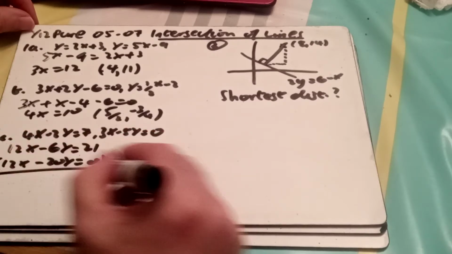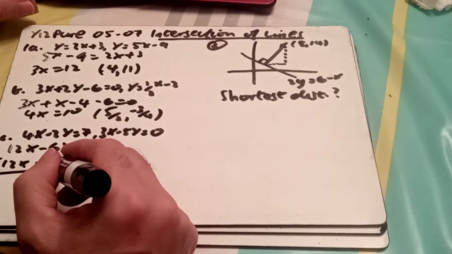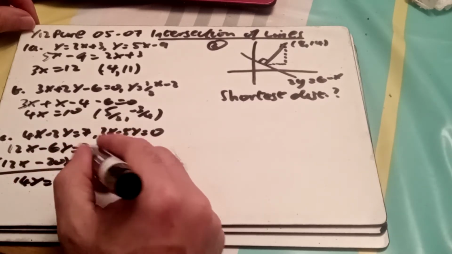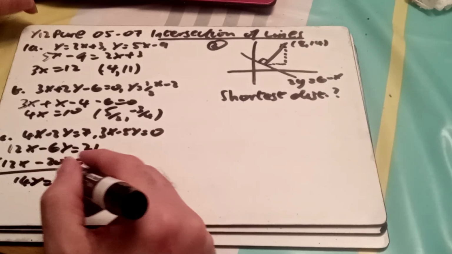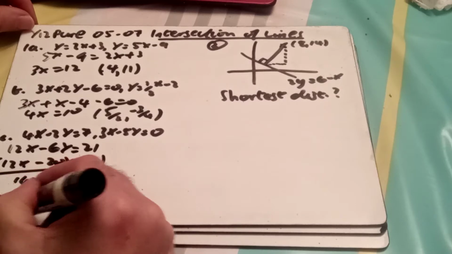Make sure I'm doing the right way around. 12 minus 12 goes out, minus 6 plus 20, 20 minus 6 is 14y, and then that way around equals 21. And make sure I'm getting the signs correct, and y is 21 over 14, y is 3 over 2.